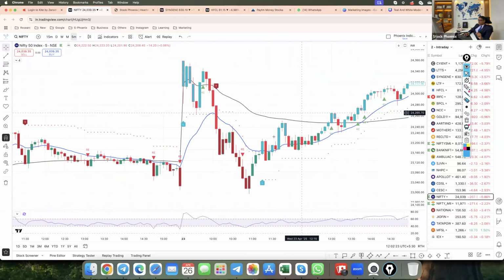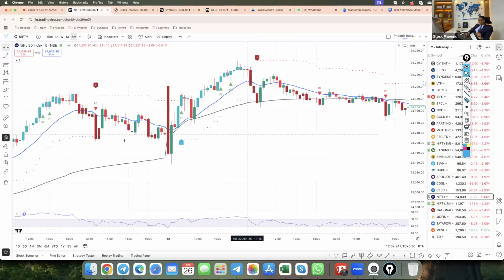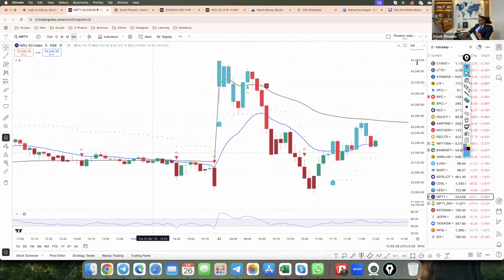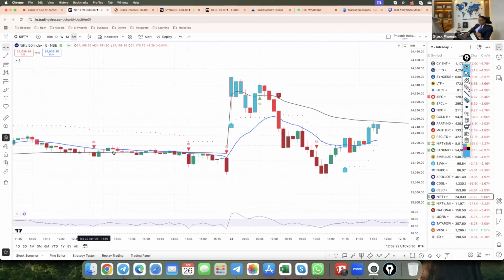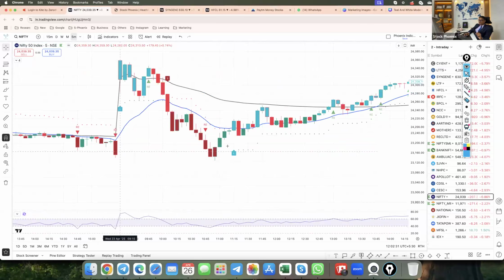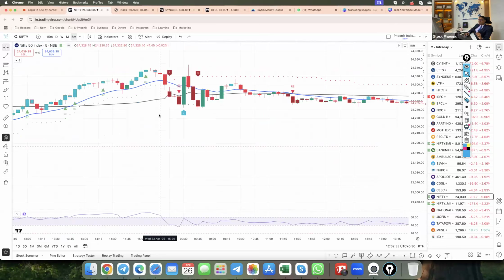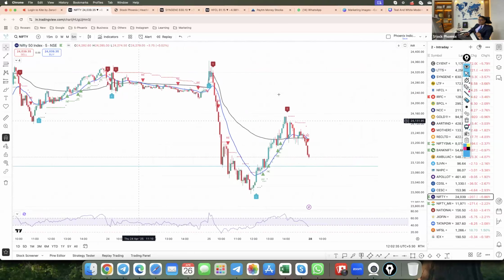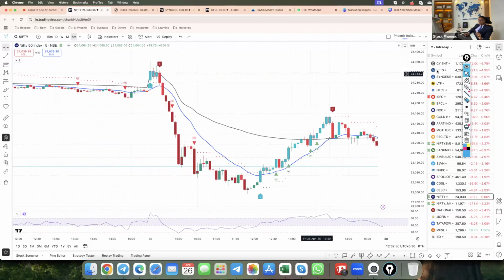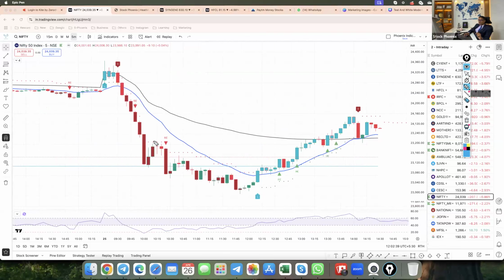Right from morning, whenever the market is muted, the blue lines will touch the candles. When the blue lines are not touching the candles, it is a trending market.